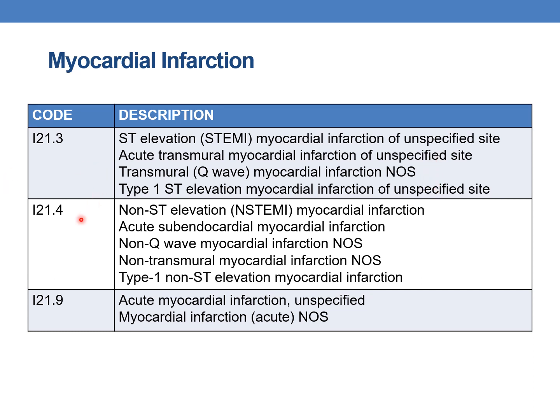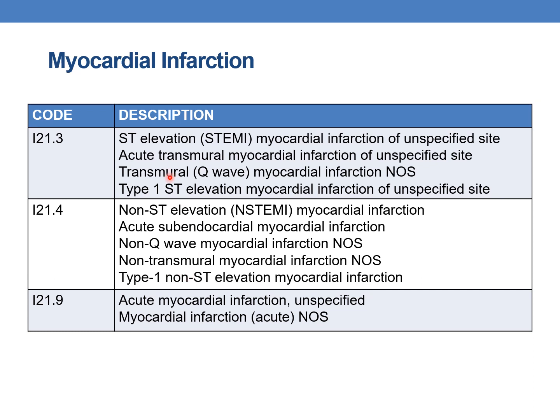The next is I21.4. It deals with non-ST elevation myocardial infarction or acute subendocardial myocardial infarction. Whenever the physician documents acute subendocardial myocardial infarction or non-Q wave myocardial infarction or non-transmural.